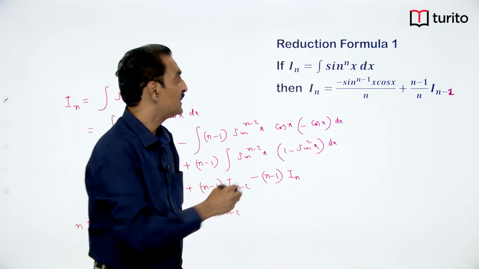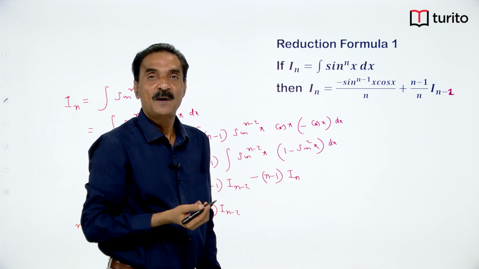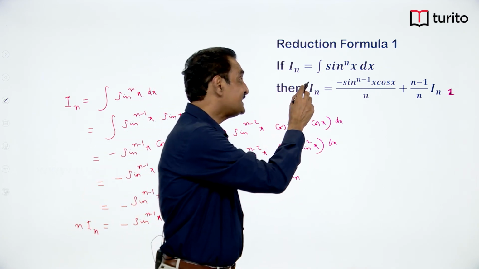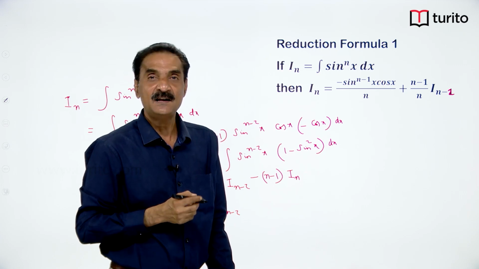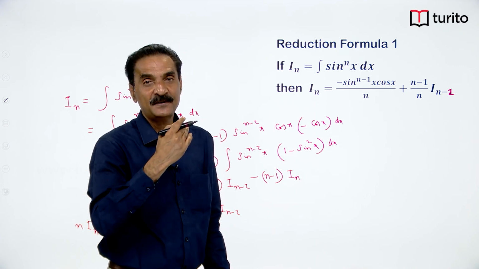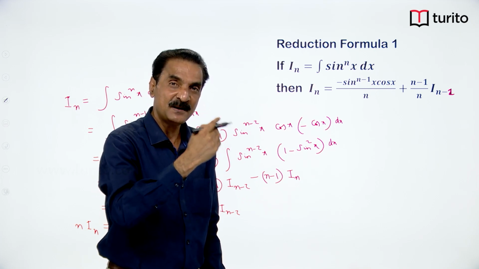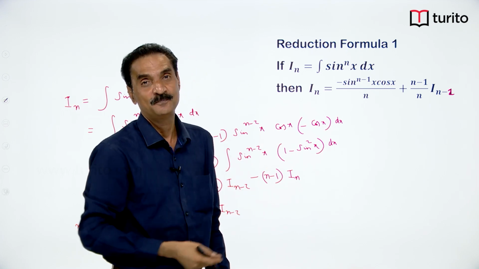Finally, you will get I1 as the last term. What is the value of I1? If n is 1, integral sin x is minus cos x. Suppose n is even, for example, n is 8, then by applying this formula, 8 will be reduced to 6, 6 will become 4, 4 becomes 2, 2 becomes 0.